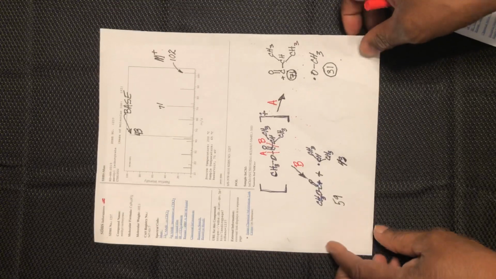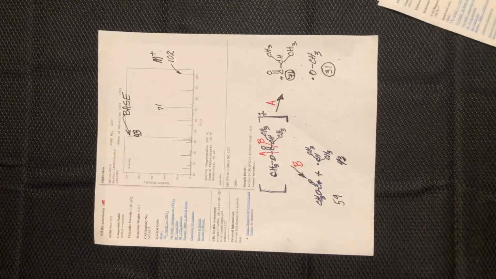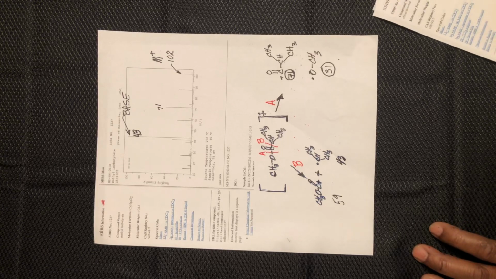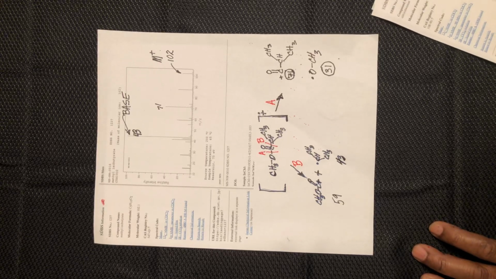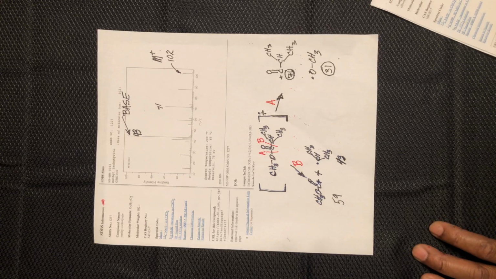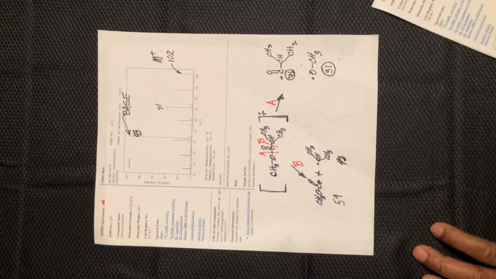When we go to the next ester, we again have an A/B pattern for fragmenting. We look at the B pathway and look at the fragments, 59 and 73. We look at the A fragmenting pattern, and that's 71 and 31.